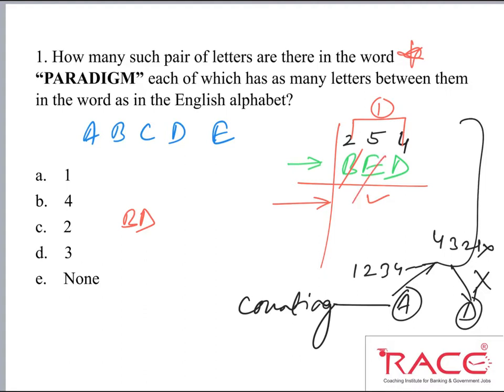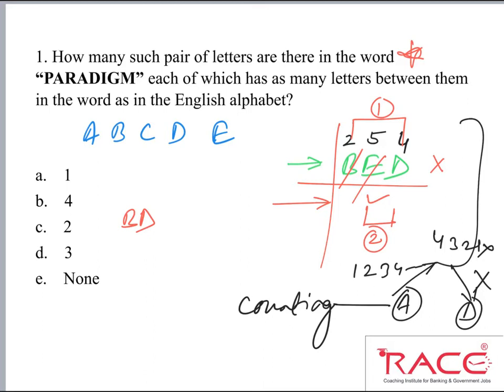Now third. From D we have to count in backward direction. Why? Because in forward direction we do not have any letter. So we will count in backward direction. After 4 what should come? 5, and we have a match here. So it will be a pair, second pair.